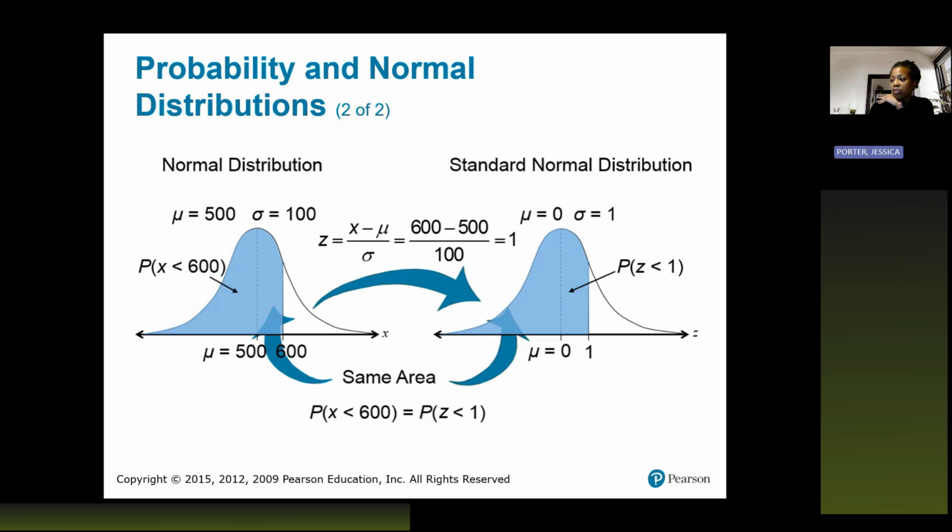So what we can do is convert that to a z-score and find out that if I'm looking for x less than 600, I'm actually going one standard deviation to the right of the mean. And that area is the same as the probability of x less than 600. They didn't give us the area of that one.